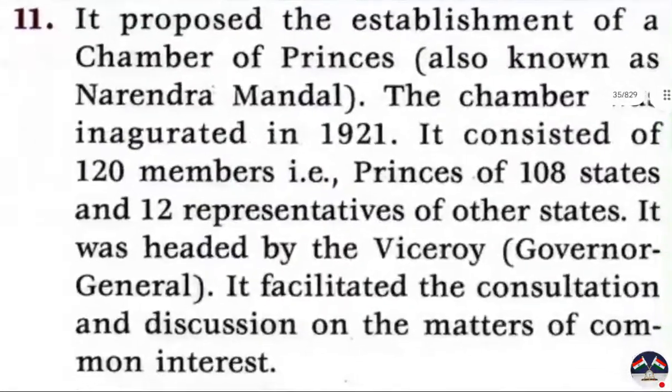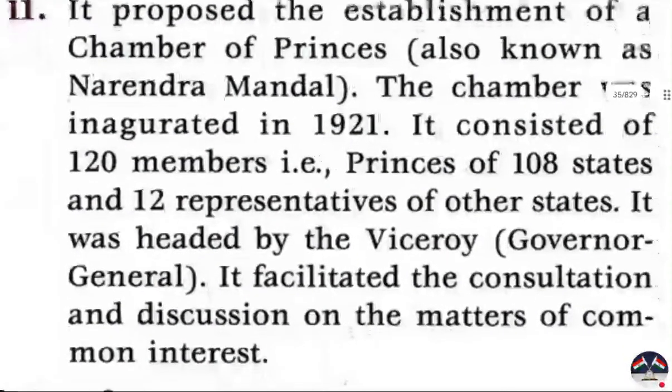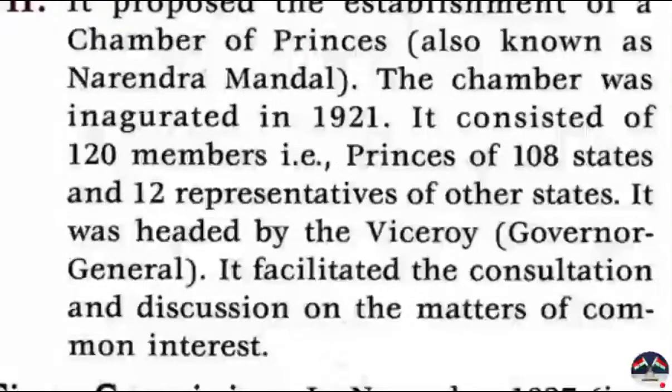It proposed the establishment of a chamber of princes, also known as the Narendra Mandal. The chamber was inaugurated in 1921. It consisted of 120 members: princes of 108 states and 12 representatives of other states.